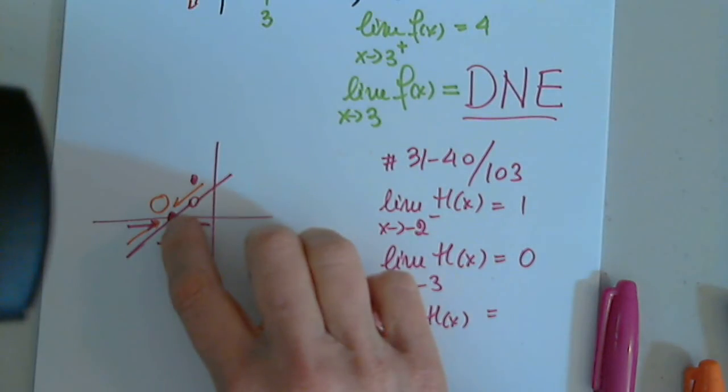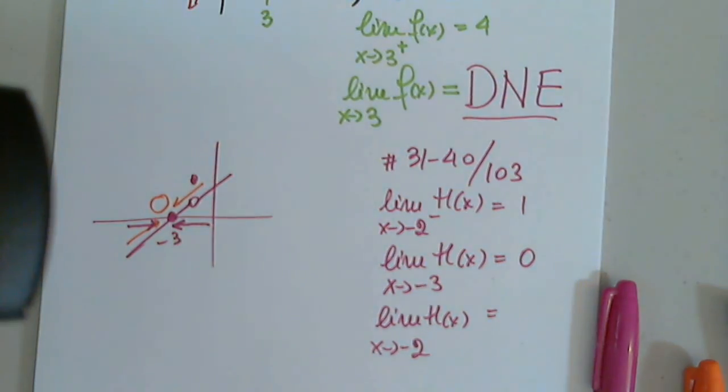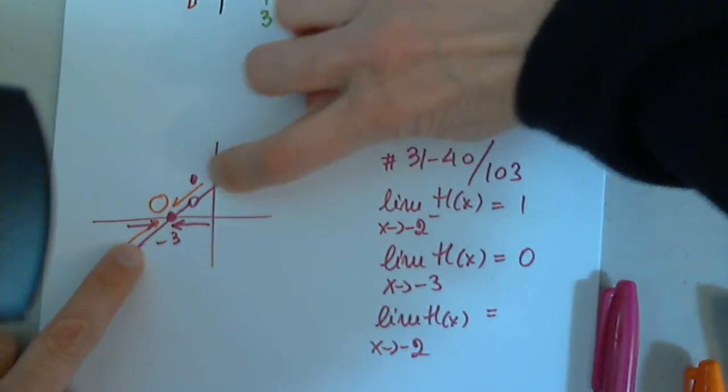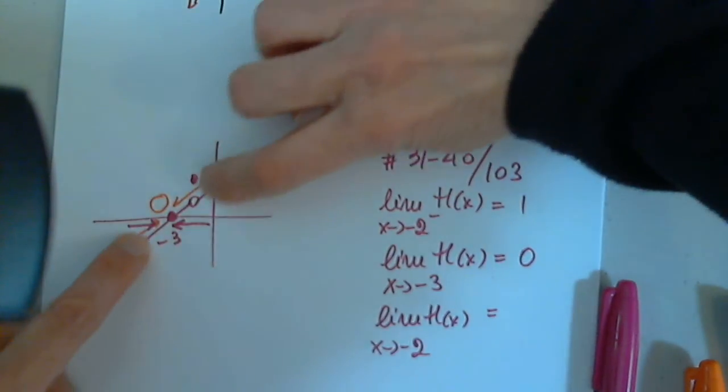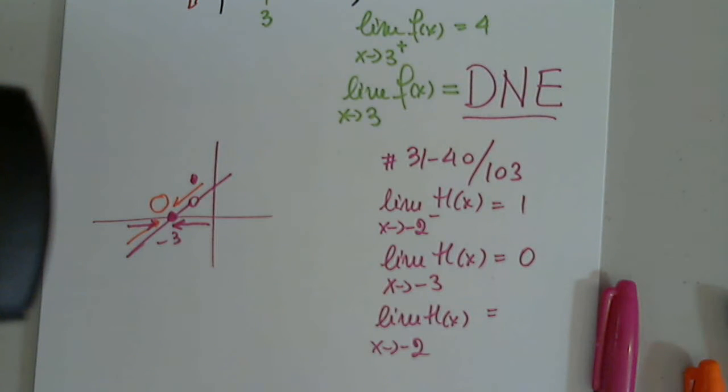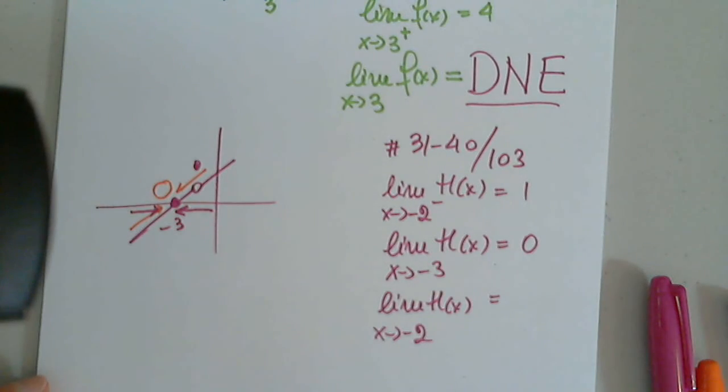These are the coordinates of the point, -3, 0. So as x gets closer and closer to -3, that's where the function is going, right here. What is the height of this point? 0. And all heights represent function values.